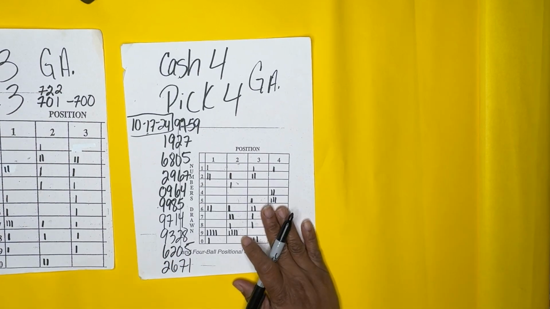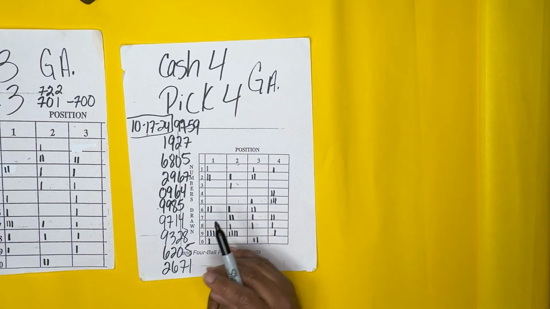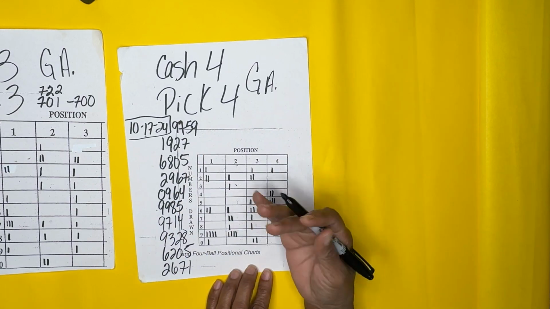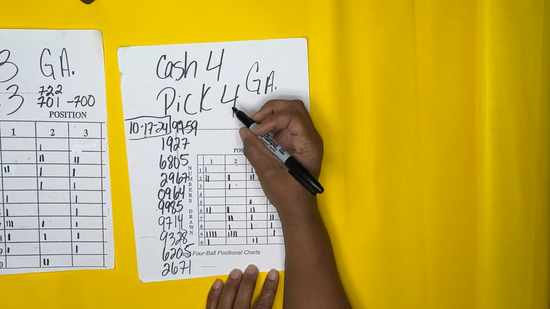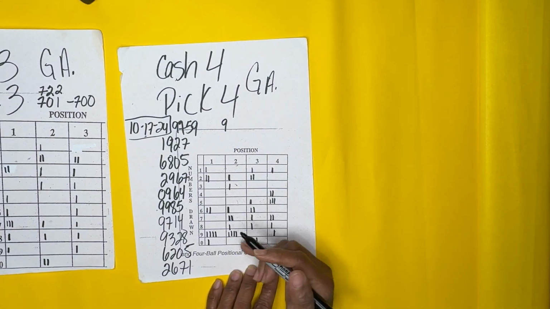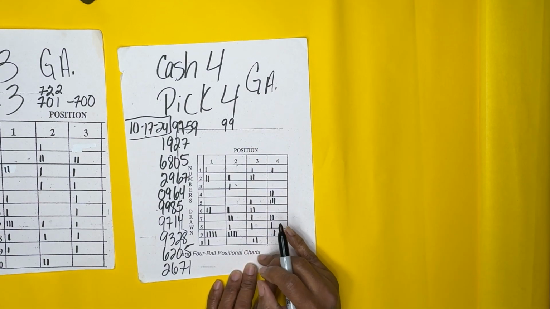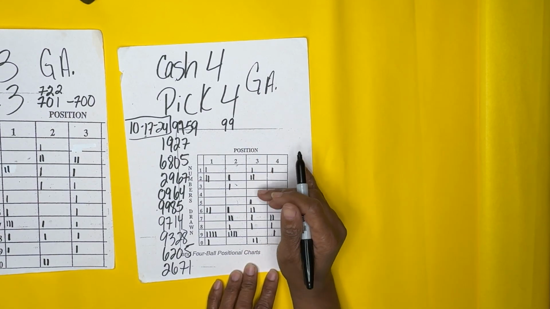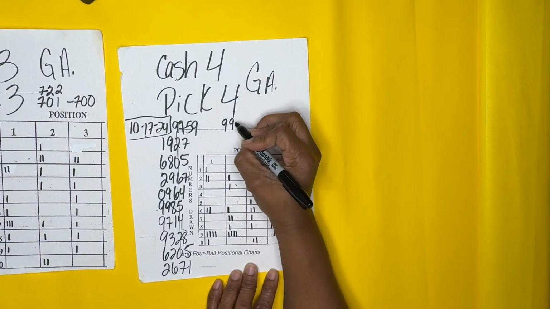So for pick 4, I would probably start with the most, and then I would do the least. So the most I see is 9. 2nd position, I see 9 again. 3rd position, you put 6 or maybe 0.